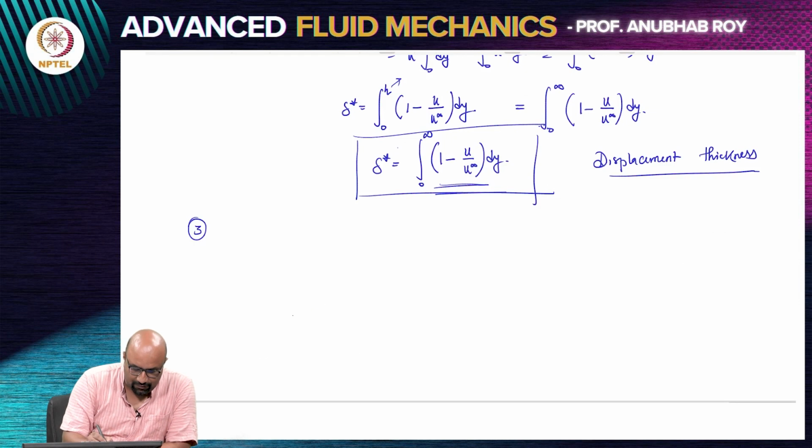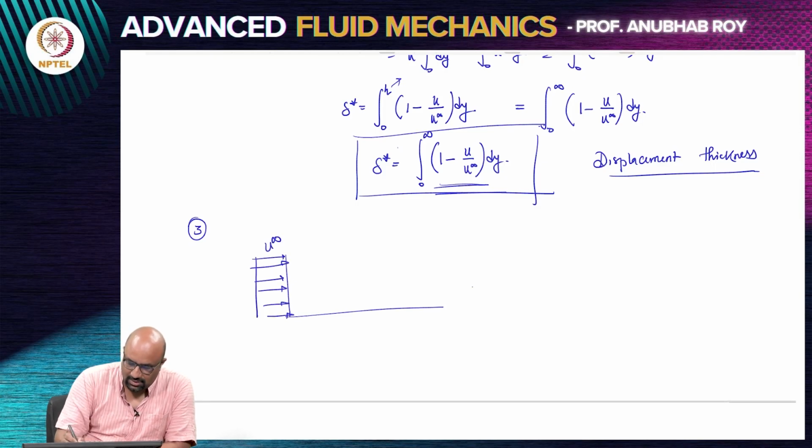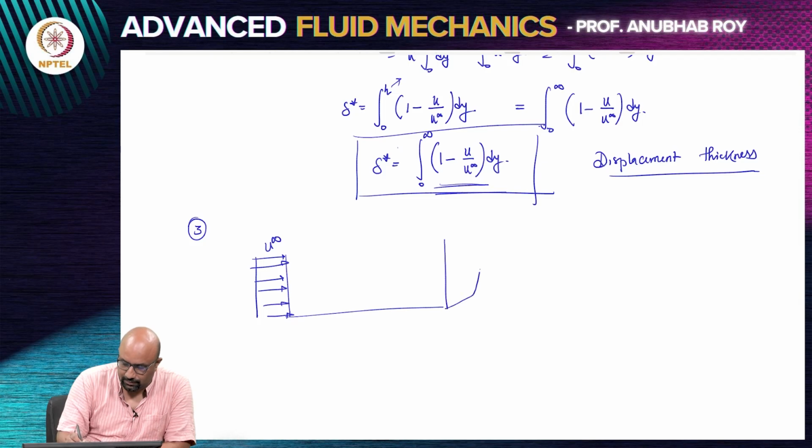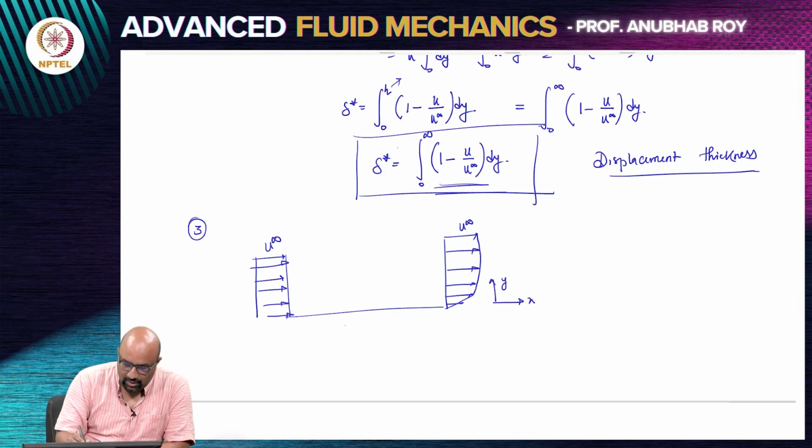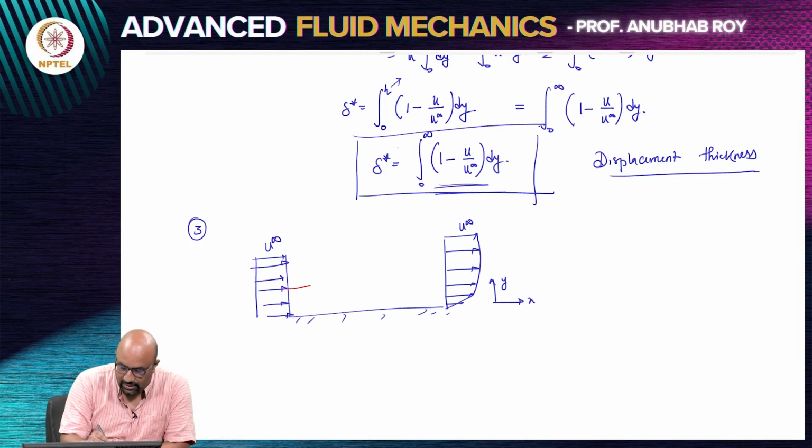So, the same configuration: I have an inlet which has a velocity u infinity. I have a velocity that slows down near the plate, and we now have an understanding of what the boundary layer is.